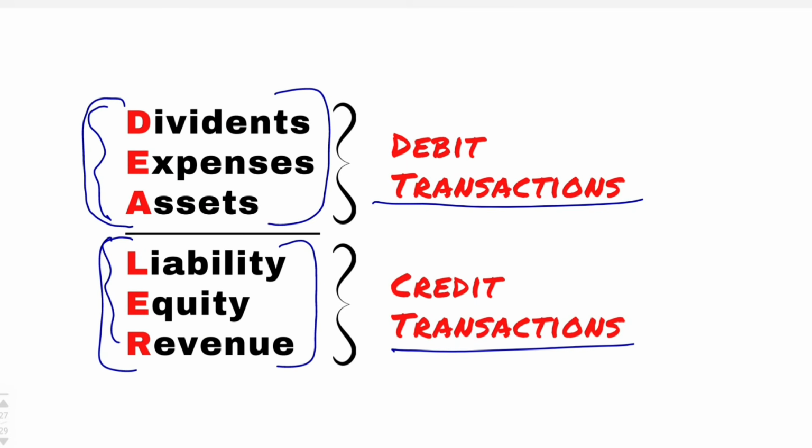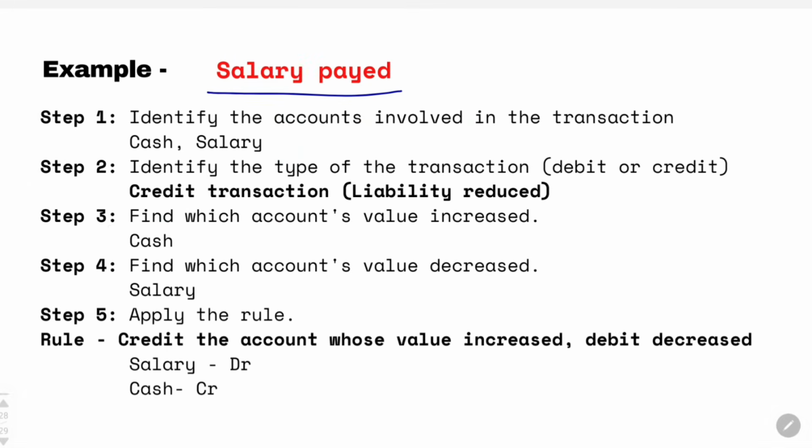So what type of transaction will it be? It is a liability reduction, a credit transaction. Now, whose value decreased? It is a liability reduction, so it will be easy to spot the account whose value reduced. The salary payable, that liability in your salary account, is what decreased.